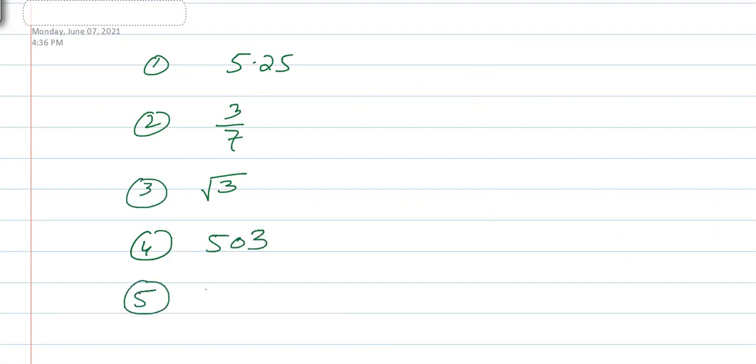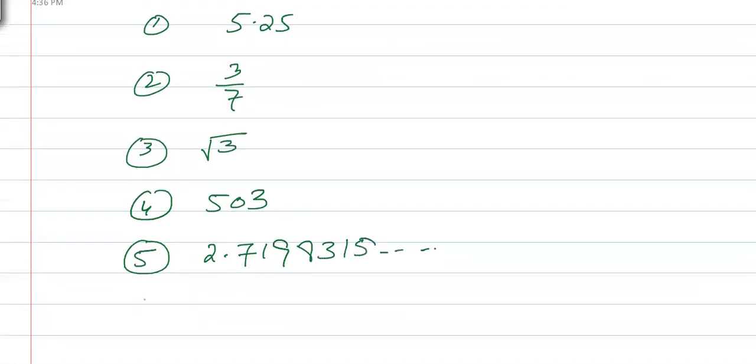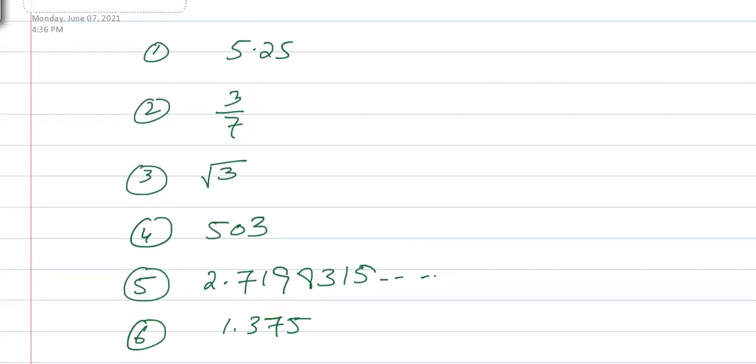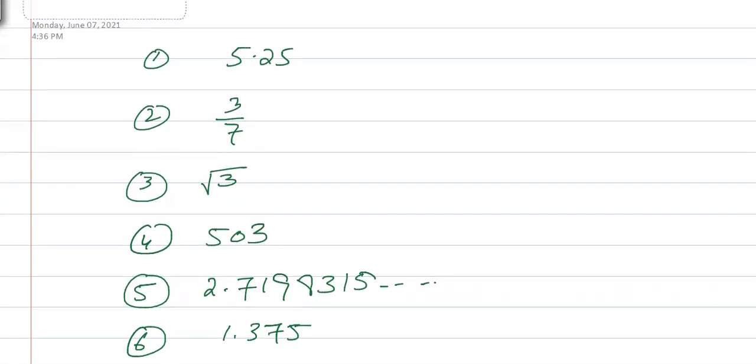Number 5 is 2.7198315, and so on. Number 6 is 1.375. Now these are certain examples, and I have to identify which of them are rational and which of them are irrational.